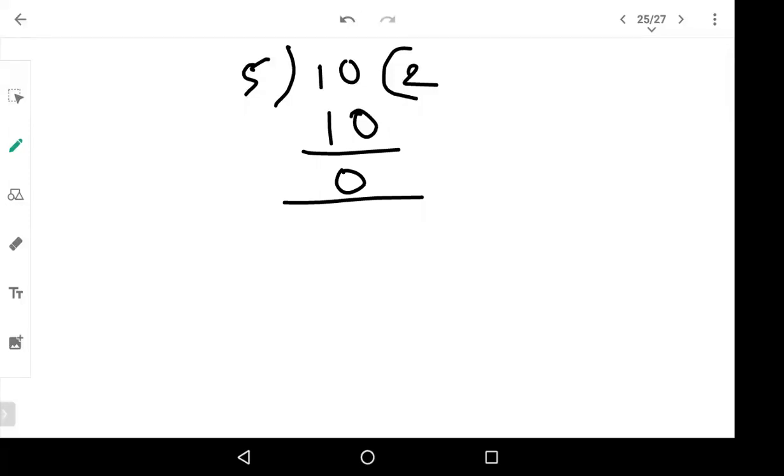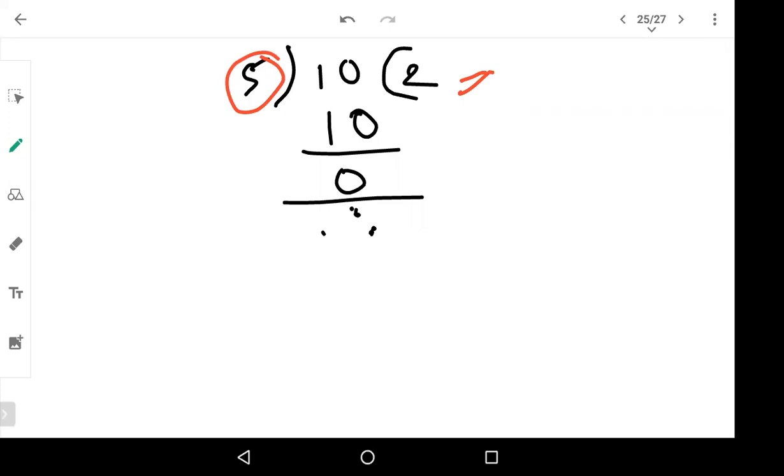Now, how do we consider what is HCF? Okay. Now, in this last step where 0 is the remainder, we have divided 10 by 5. Correct? The quotient is 2, Pavan, correct? The quotient is 2, but wait for a minute.